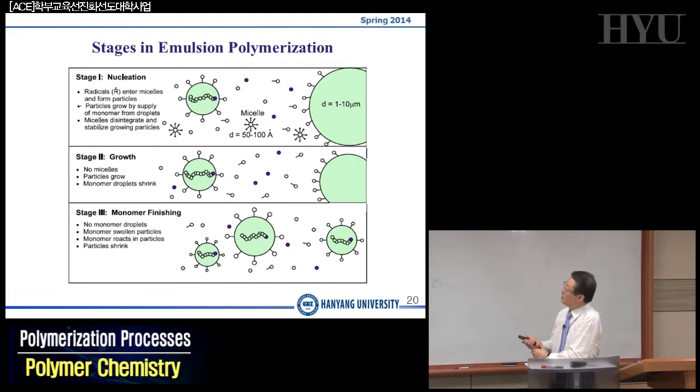Depending upon the type of your emulsion polymerization reactions, you have several steps. You may have nuclei or nucleation, where you have a monomer embedded inside of those micelles, and initiator is coming in to form the polymer and growth, and the monomer is finishing, so that you have a little bit of an emergent type of polymer in this case.